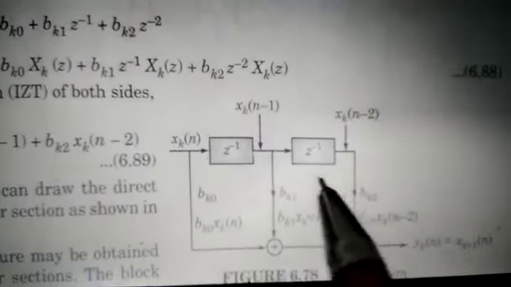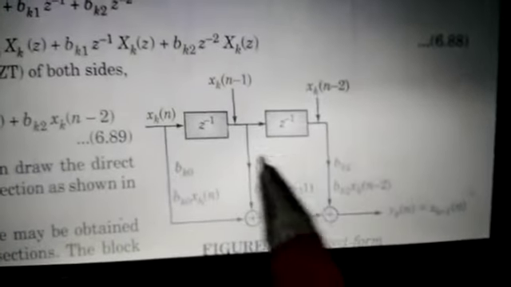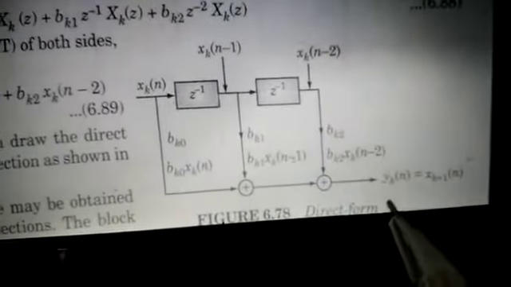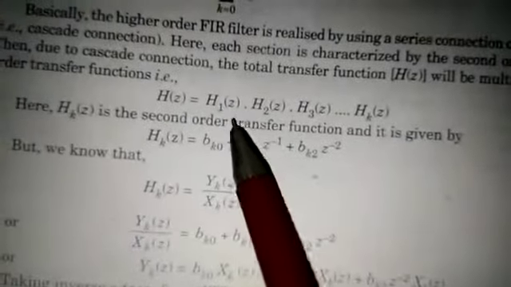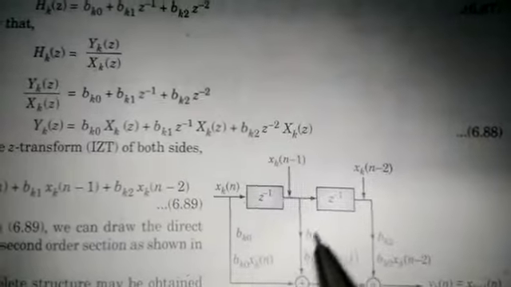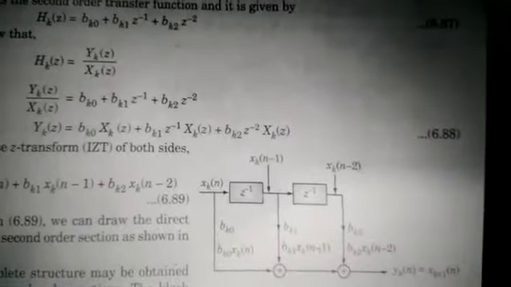This is a direct form, which we have just now seen. You will get this output here. So each term, h1 of z, is represented in direct form like this. h2 of z again is represented with the direct form, this. h3 of z is again represented with a similar type of direct form, and all direct forms will be cascaded.